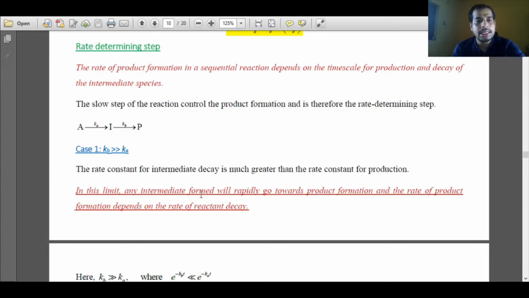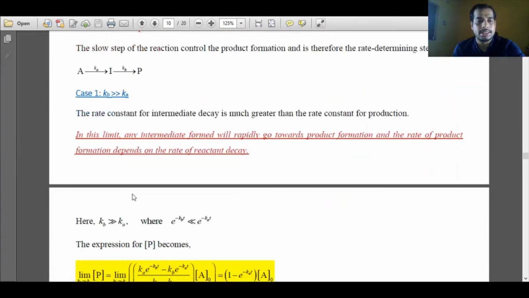So any intermediate formed will rapidly go towards product formation, and the rate of product formation depends upon the rate of reactant decay. Because Kb is much larger, the intermediate will immediately form product, and the rate of product formation will depend upon Ka. How does the rate of product formation depend upon Ka? For this case 1, we will see that mathematically.